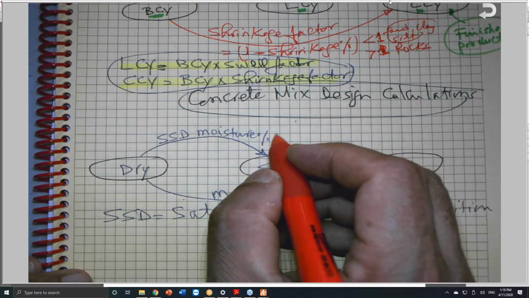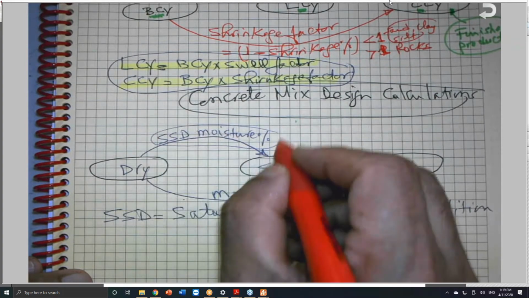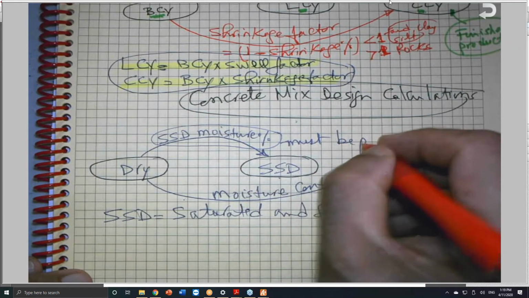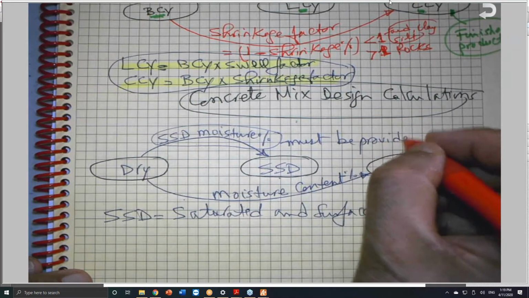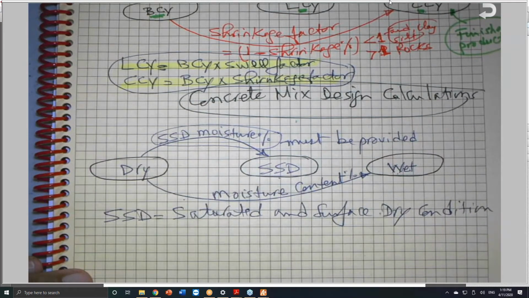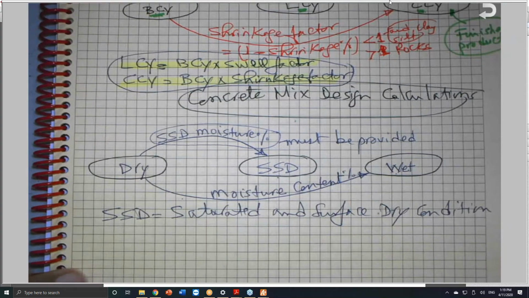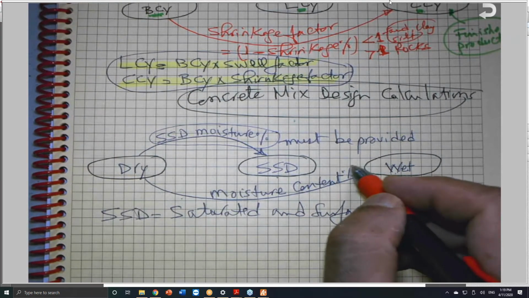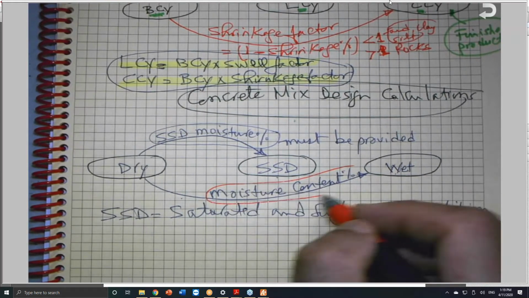The SSD moisture content must be provided in the problem statement if it is needed. And the moisture content also could be provided, or you can calculate it.